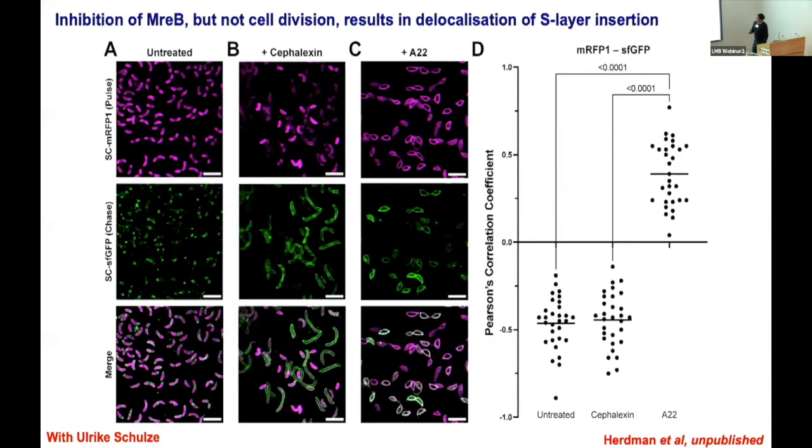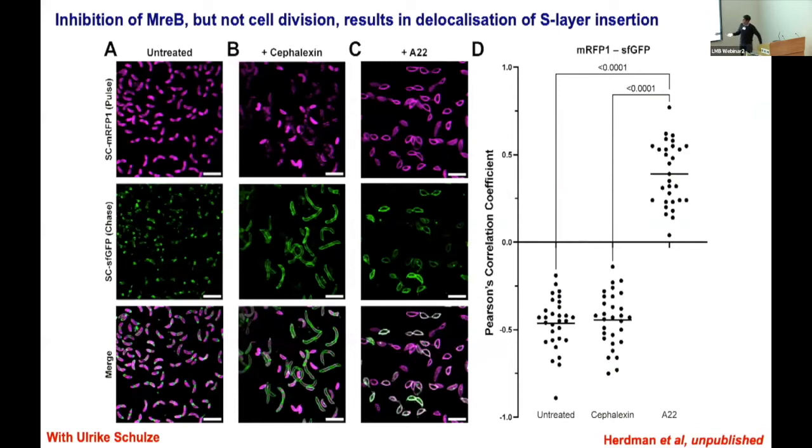Now, this is an experiment where we treated the bacteria with a cell division inhibitor, cephalexin, and with A22, an inhibitor of MreB, the bacterial actin. This is a localization experiment where we can measure the correlation of the localization of the new and the old S layer.